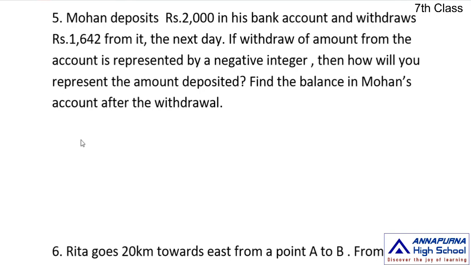So we know that we already learned above sea level is represented by positive, below by negative. Above ground level positive, below ground level negative, towards east positive, towards west negative. In the same way, withdrawal is represented by negative, as already given. Now how will you represent the amount deposited? It is represented by a positive sign, just opposite to the negative.